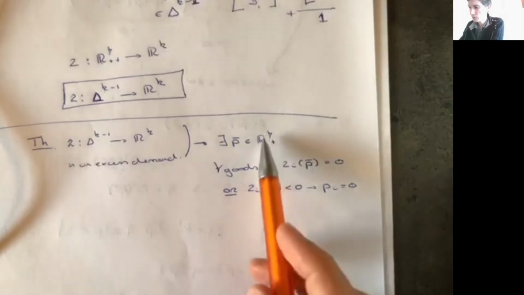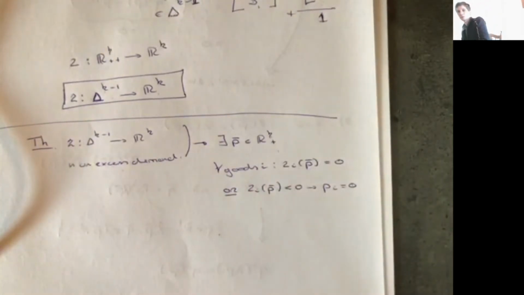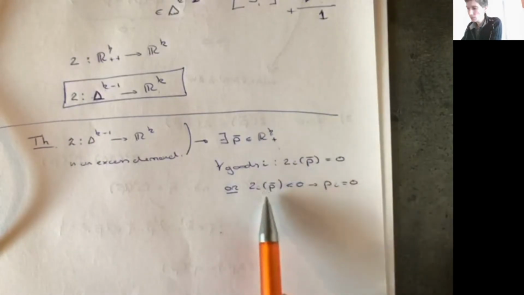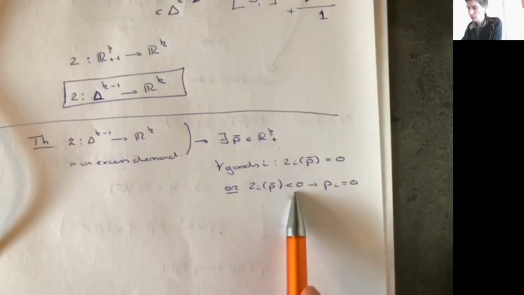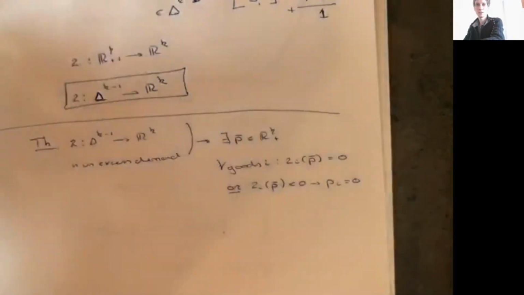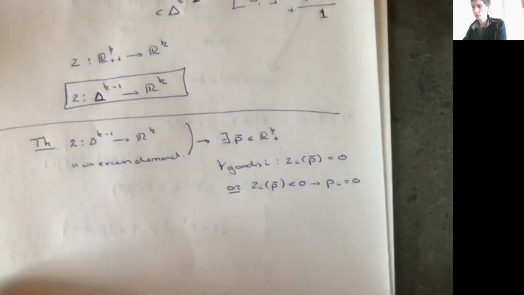Right, so that's why we take R^k_+ and not R^k_++. Okay, so for all goods i, the excess demand is equal to 0, or it's negative, but then the price has to be equal to 0. Okay, so this is the theorem that we're going to prove.